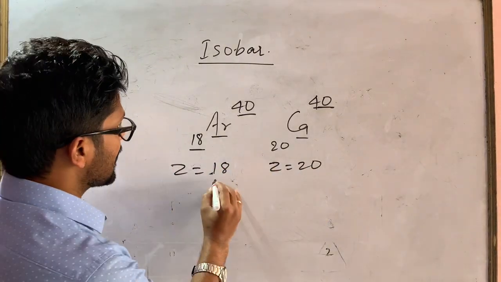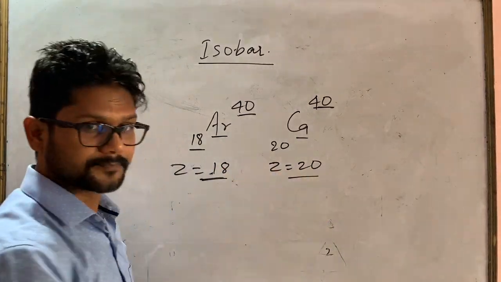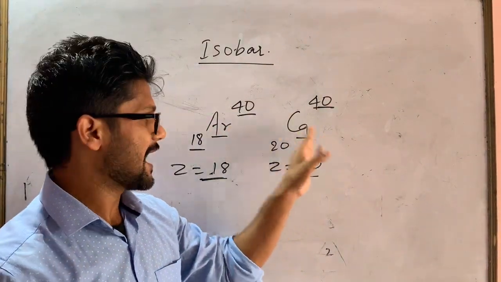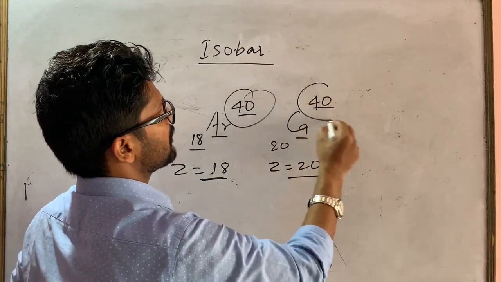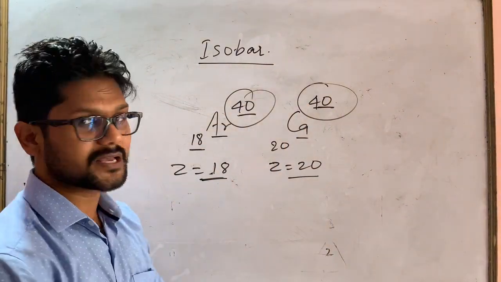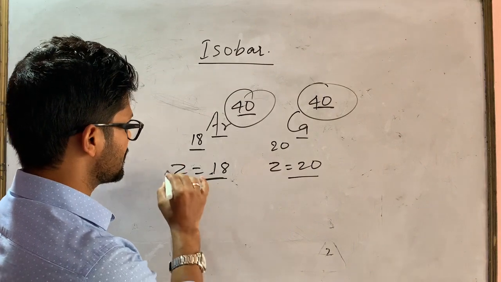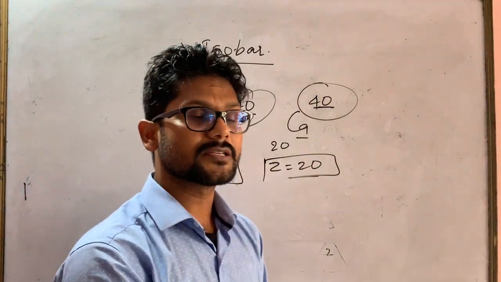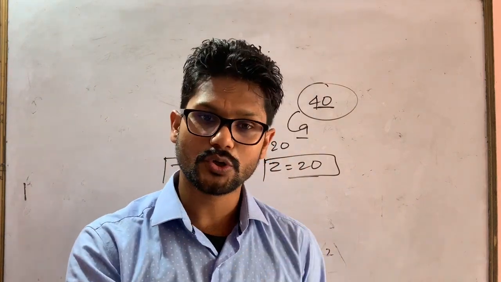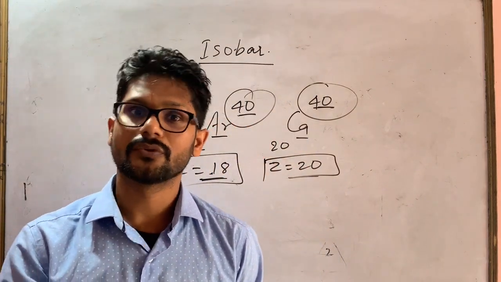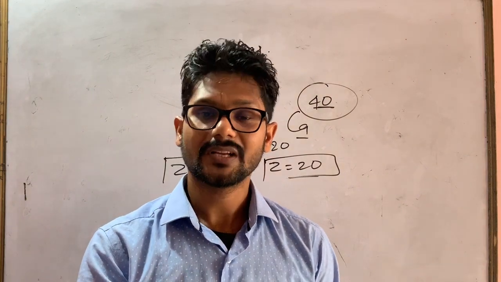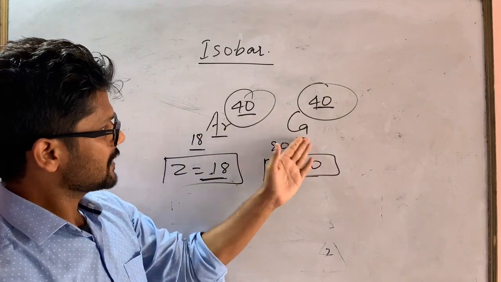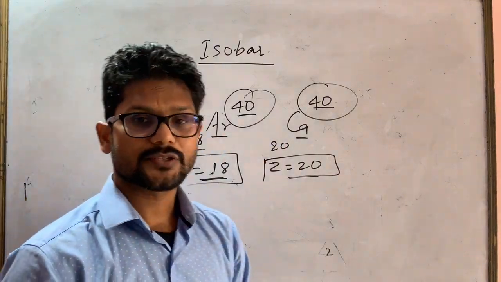It means isobars are defined as two different atoms of an element having the same mass number but different atomic number, or you can say a different number of protons, or you can also say a different number of electrons. They are called isobars. So you can say argon and calcium are isobars.